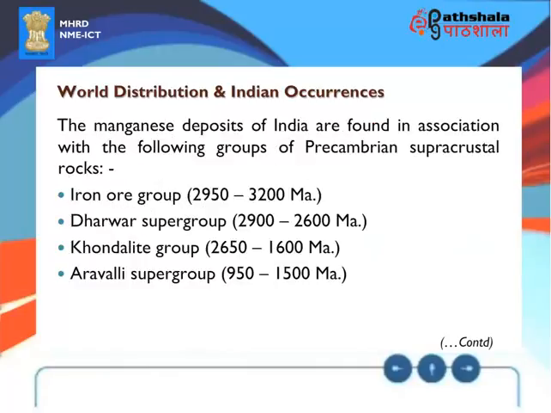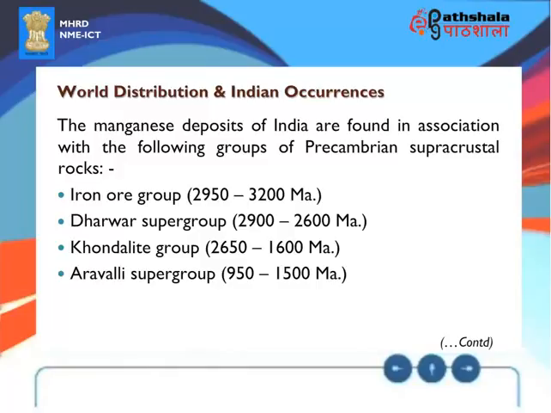World distribution and Indian occurrences. The manganese deposits of India are found in association with the following groups of Precambrian supracrustal rocks. Iron ore group, 2950 to 3200 million years. Dharwar supergroup, 2900 to 2600 million years. Kondalite group, 2650 to 1600 million years.